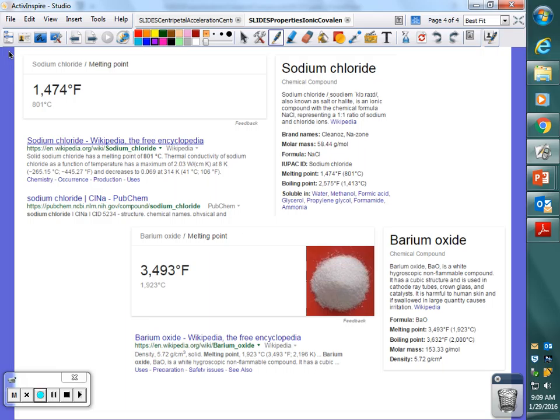What's this? Salt. Could be NaCl, but if we did barium oxide, it would also look like this too. What did we call this in general? That is a crystal or a crystal lattice, right? Ions in an ionic solid are not only connected to one other ion. We have this three-dimensional interconnected network.